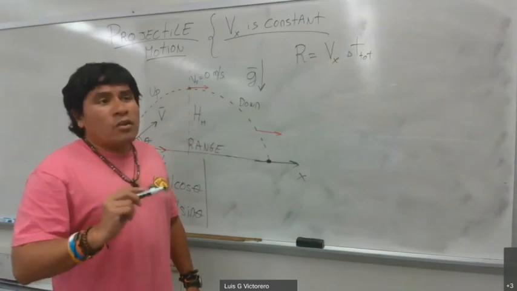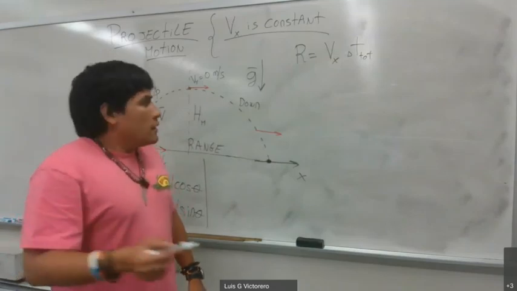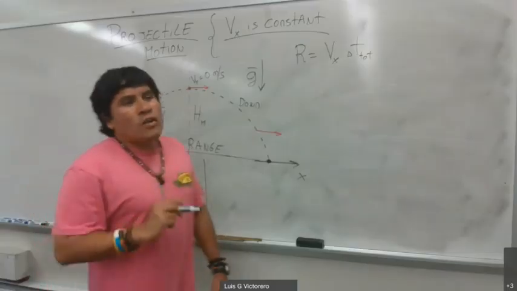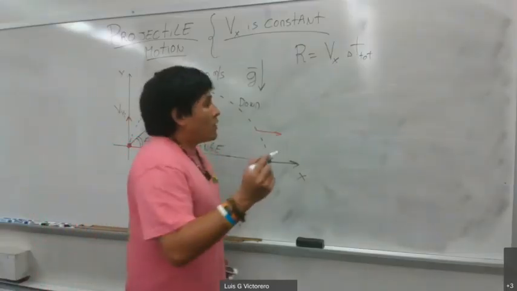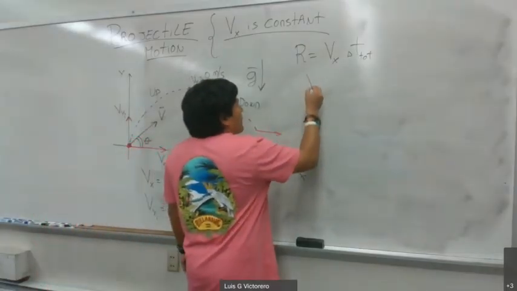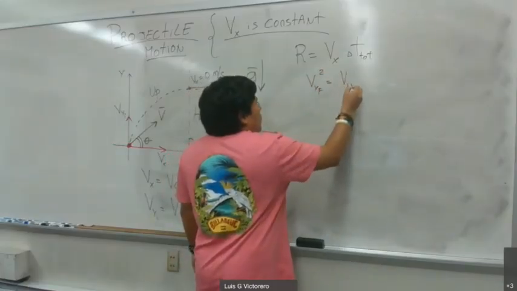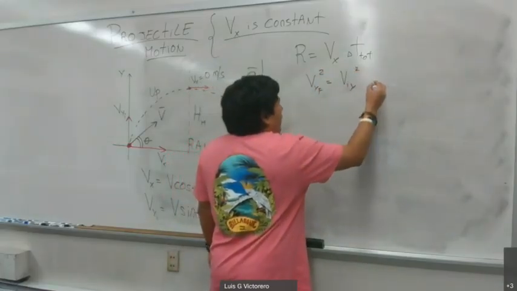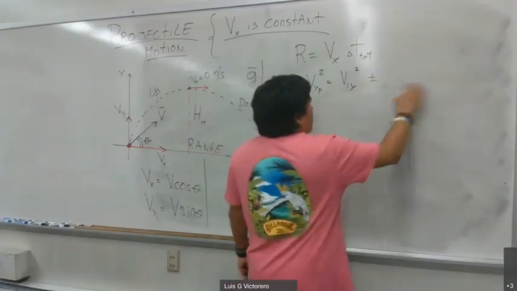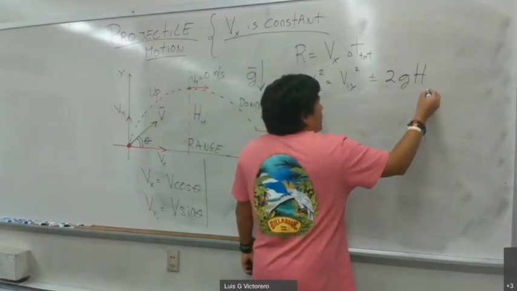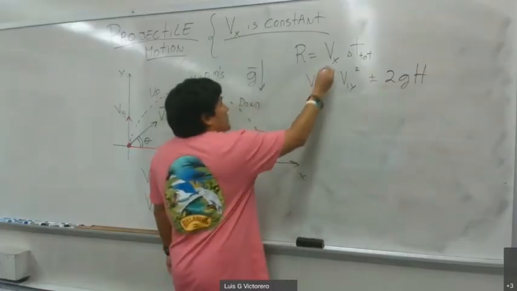But let's try to find the value of the height. So what equation should I use? If you remember, there was just one equation that you use when you don't have time. And in terms of y it will be like this: Vy final squared is equal to Vy initial squared plus or minus 2g delta y, which is h. Now for the maximum height, Vy final is 0.